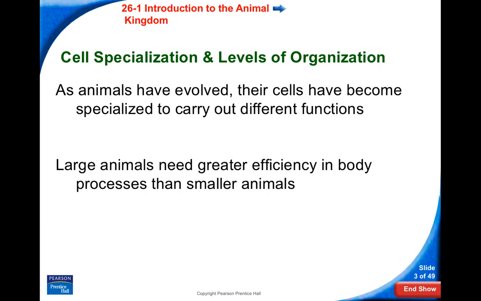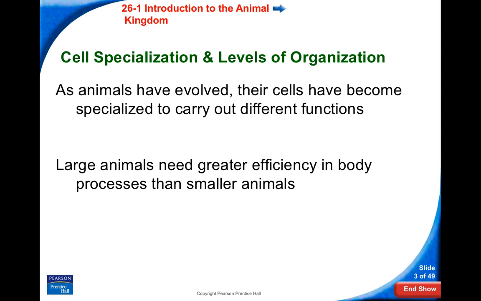And that's partly because larger animals, which are more complex animals, because they're so large and there's a lot of stuff going on inside of them to maintain homeostasis, need to have a more efficient body system. And in order to be more efficient, their cells have to have specific roles, specific jobs that when they all do their thing make that organism more efficient.